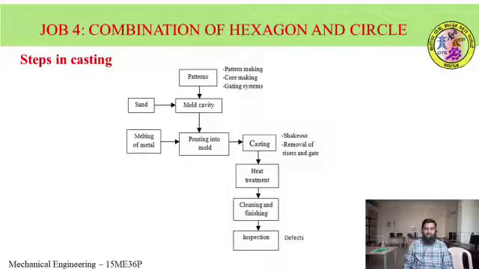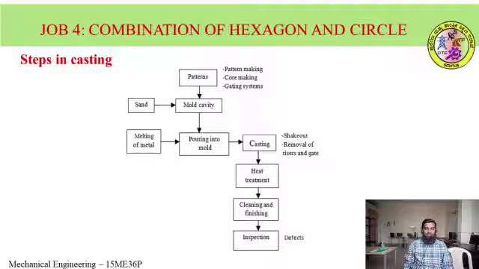Once the casting is done, that is removed, and all the gating systems, risers and runners which are connected to the mold cavity are removed, and the product is heat treated or cleaned and finished and inspected for any defects.